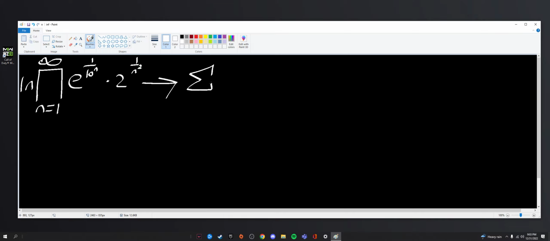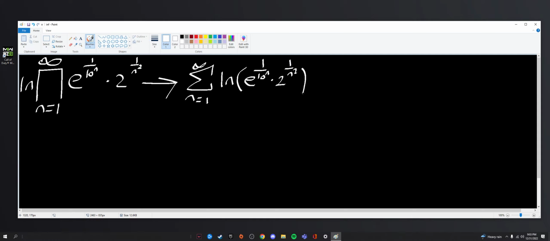This is the same as the sum as n goes from 1 to infinity of ln of what's inside. So we would have e to the 1 over 10 to the n, multiplied by 2 to the 1 over n squared.